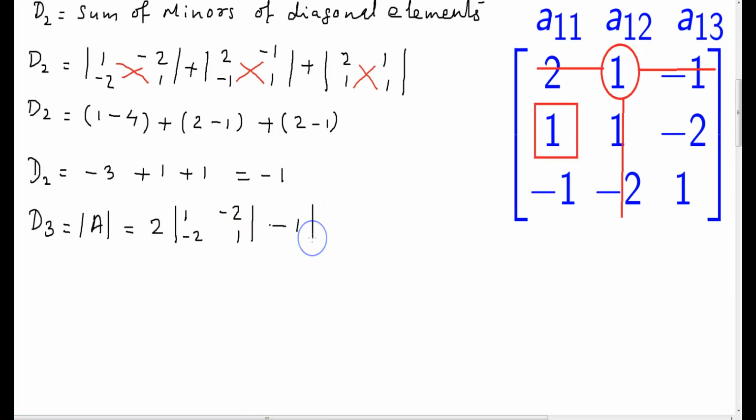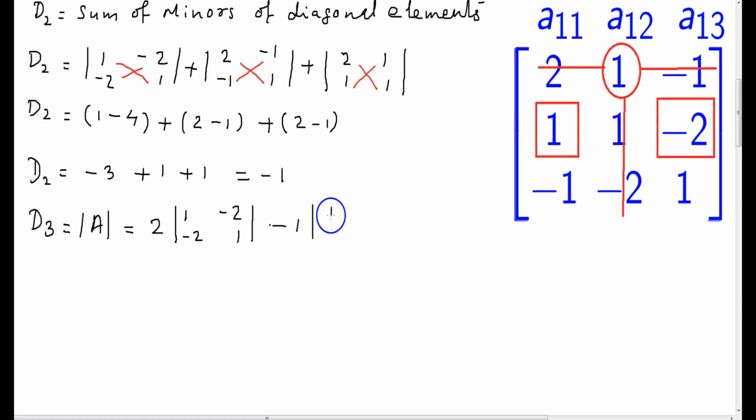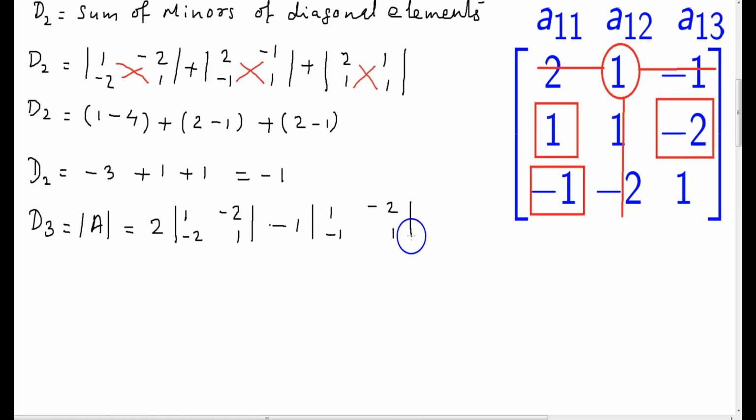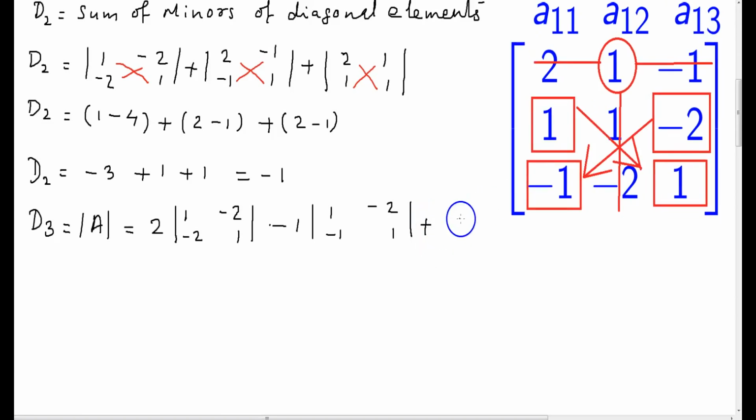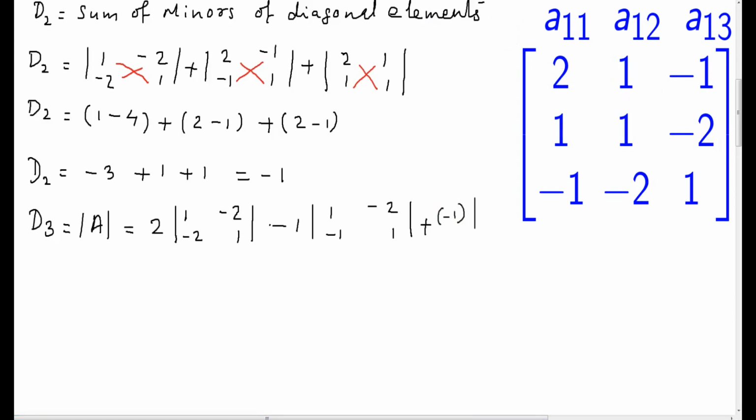Here A12 is 1 and minor of A12 is 1, minus 2; minus 1, 1, plus A13 into minor of A13.